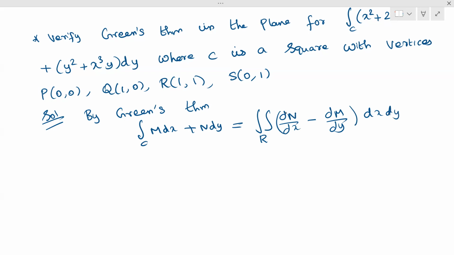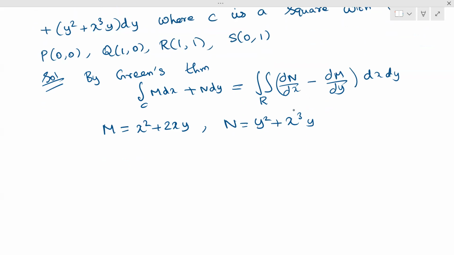Here what is m, what is n? First we have to write the given question. The m is the coefficient of dx, that is x square plus 2xy, and n is y square plus x cube y. So we have to find LHS and RHS separately and check whether they are equal or not. Definitely they should be equal.